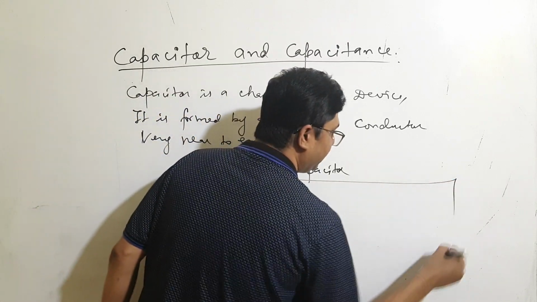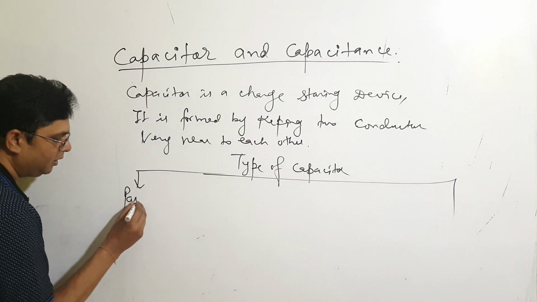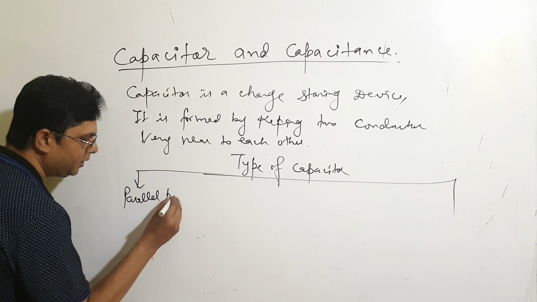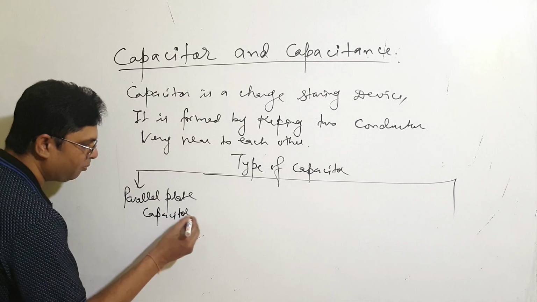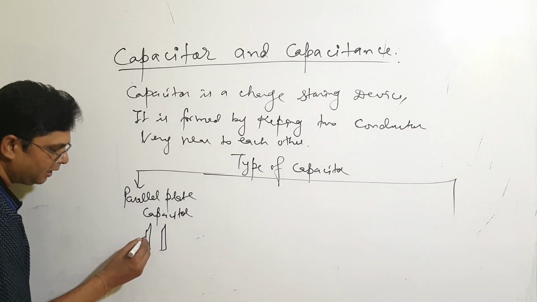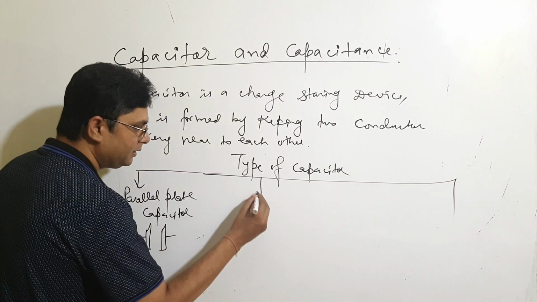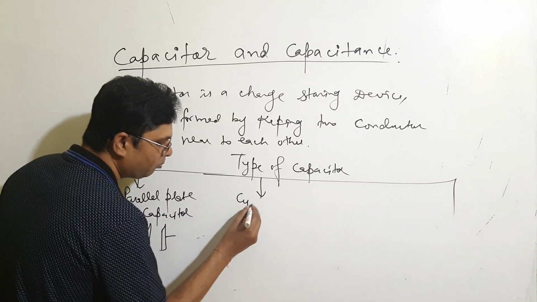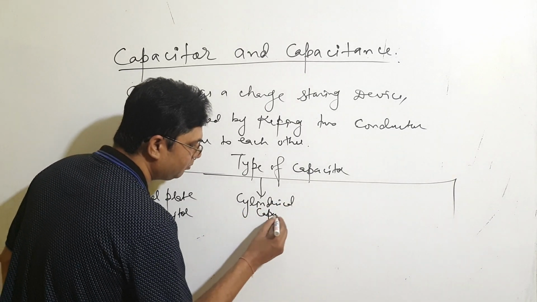There are basically three types of capacitor. Number first is said to be parallel plate capacitor. For parallel plate capacitor, you require two metallic plates connected with two conductors side by side. Second is said to be cylindrical capacitor.